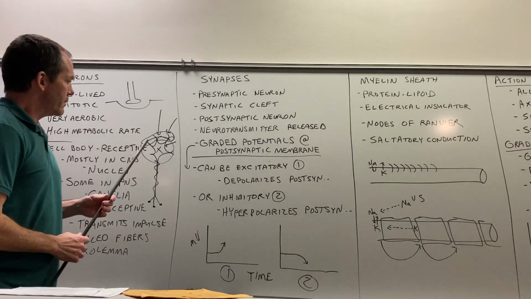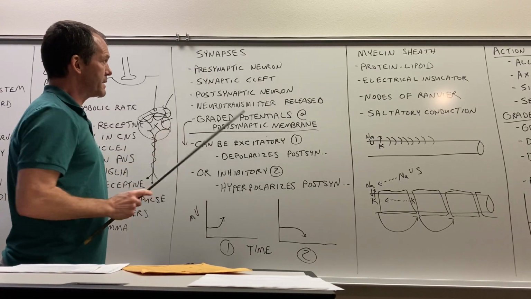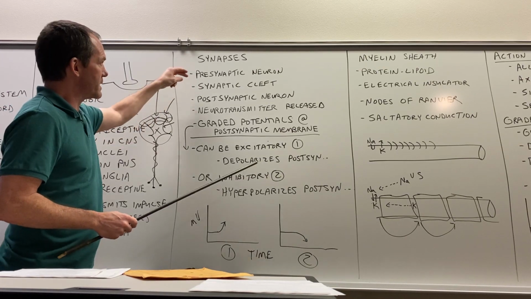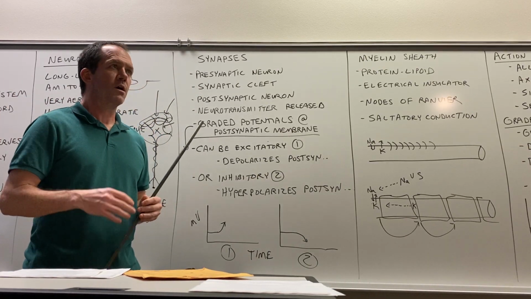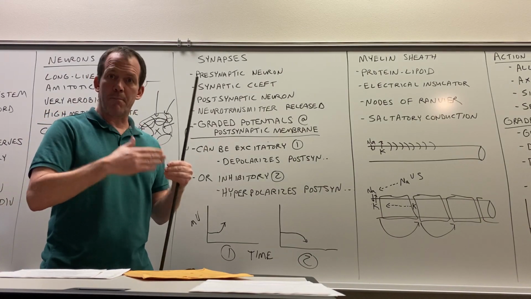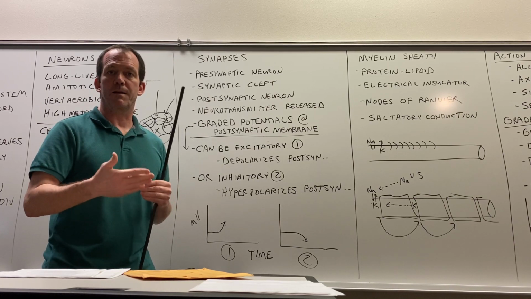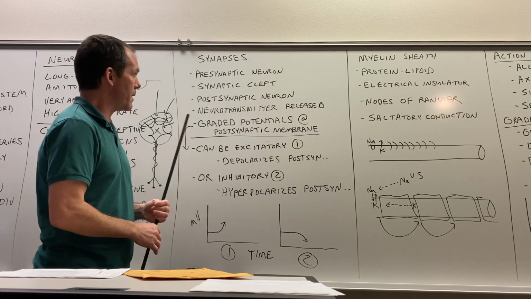I've got some more terminology here. You see I've got synapses up there. Synapses consist of a couple of parts, as I mentioned. The presynaptic neuron, which I described moments ago. You may see it called the presynaptic membrane. Same thing. If they say presynaptic membrane, they just mean the membrane on the presynaptic neuron.